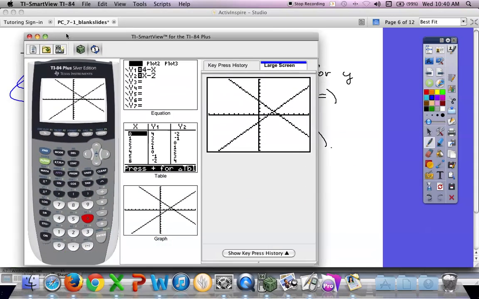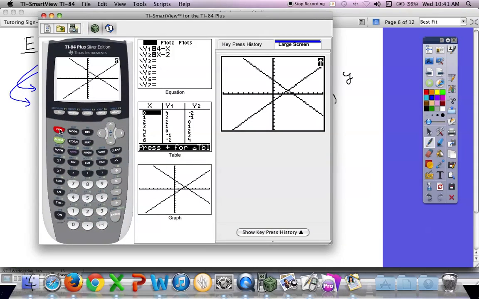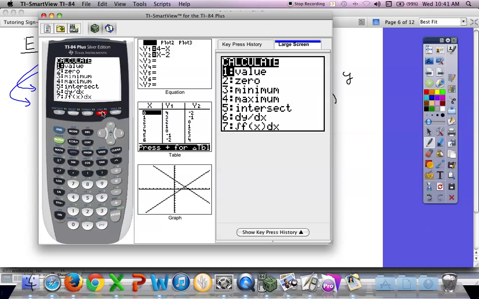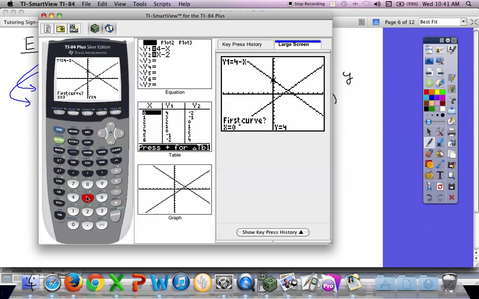So here's what it looks like. Second trace, and you see number 5 is intersection, so 5. And when it asks you for first curve, it just means the first graph, because not all graphs are straight lines, some of them are curved, right? So first curve, and it's blinking here, and it says 4 minus x, so if we're happy with that being our first curve, and there's no reason we wouldn't be, we just say enter.